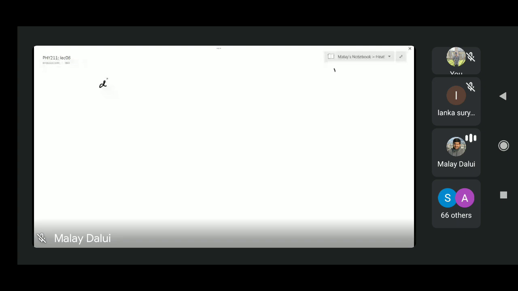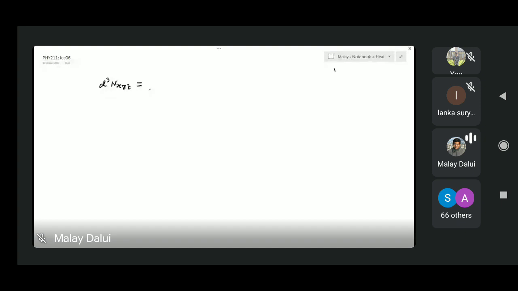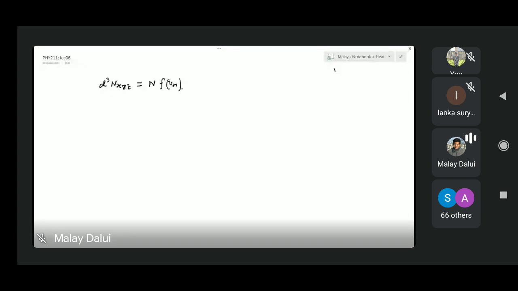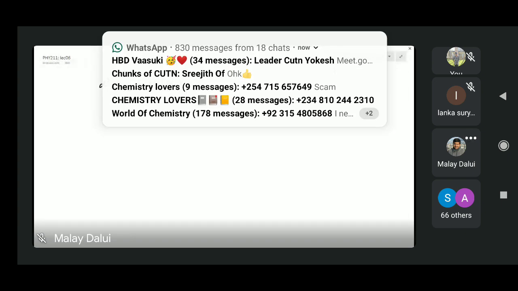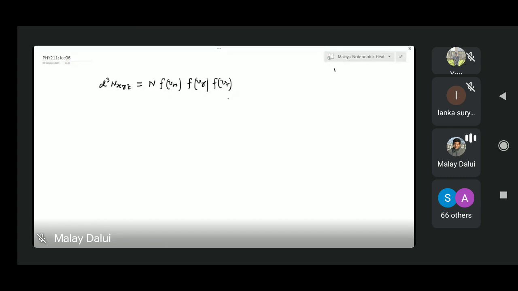That number is d3n xyz, and we found the expression to be n times f of vx, f of vy, f of vz, where f of vx, vy, vz are the individual probable velocity distribution functions in the x direction, y direction, and z direction respectively.